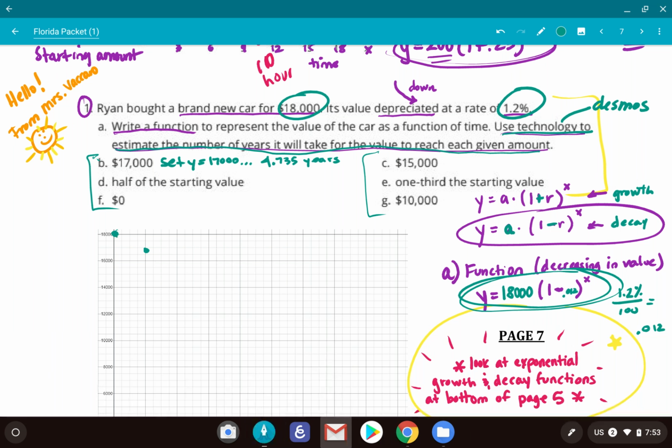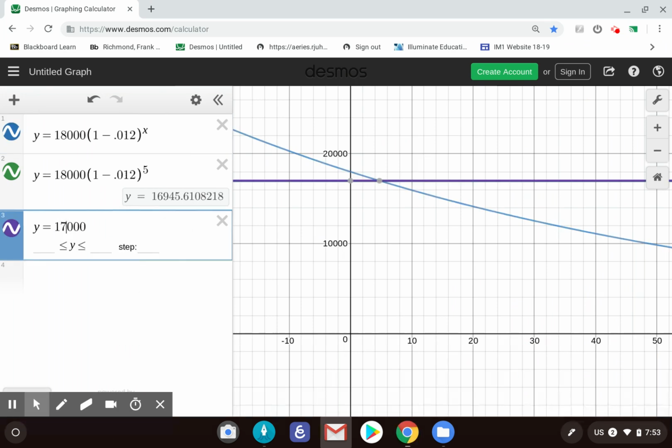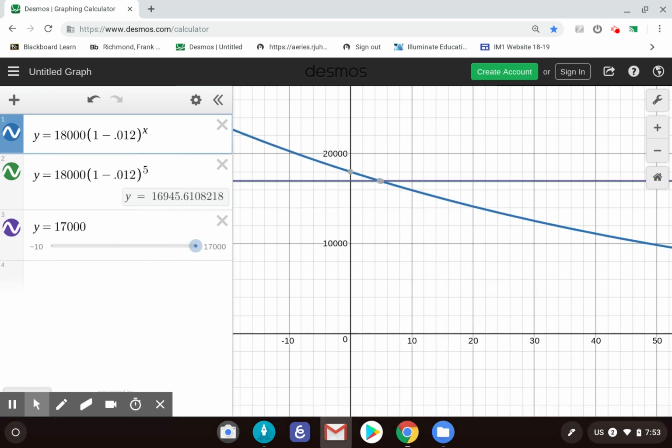This is approximately what our graph looks like on Desmos, but it's reaching that point a little bit before that 5-year mark. You're getting to 4.735 years. It's much better to look on Desmos at the graph. So if you just set your Y value equal to 17,000, you can see that at 4.735 years, that's when it's going to reach that value.